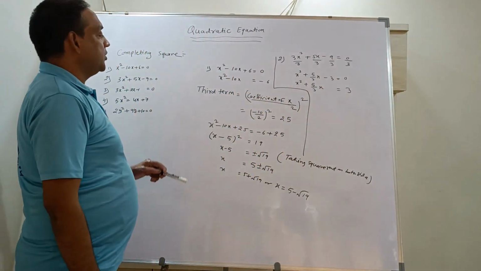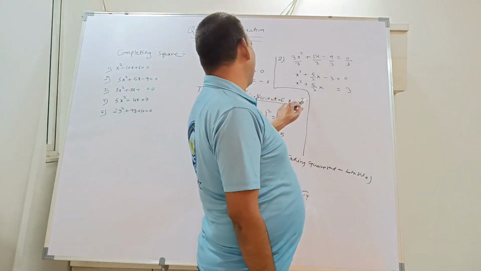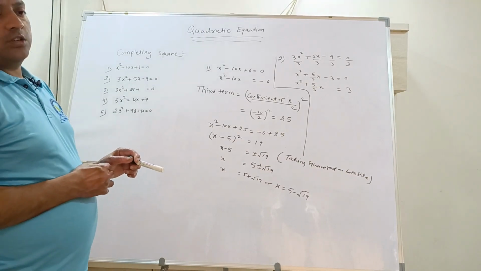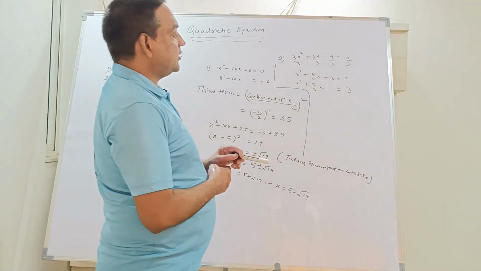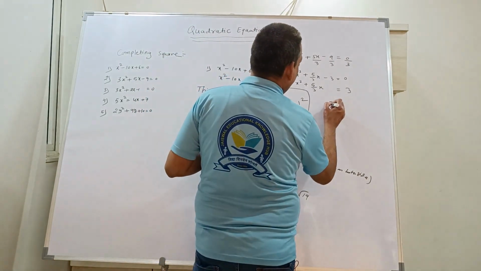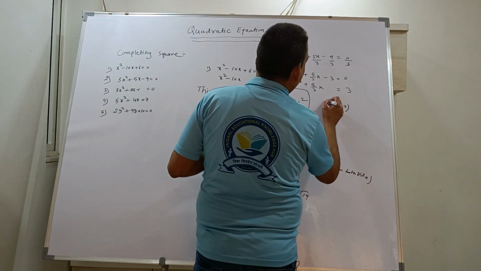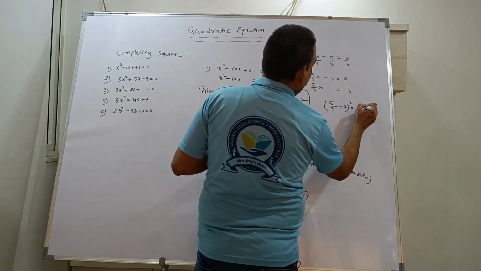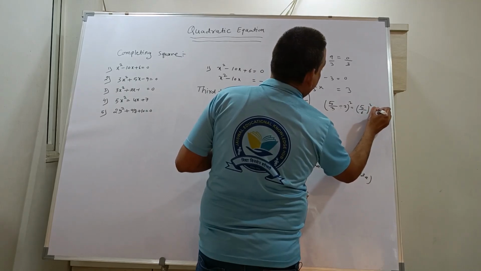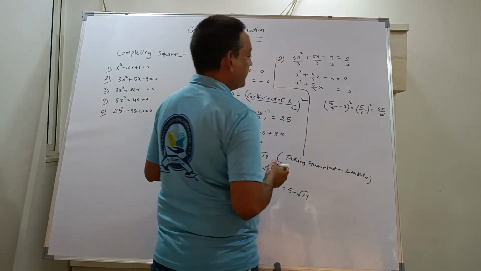Now we have to use that formula: third term is equal to the coefficient of x divided by 2, the whole square. So what is the coefficient of x given here? 5 upon 3. So 5 upon 3 divided by 2, the whole square, which is nothing but 5 upon 6 the whole square, which is 25 upon 36.